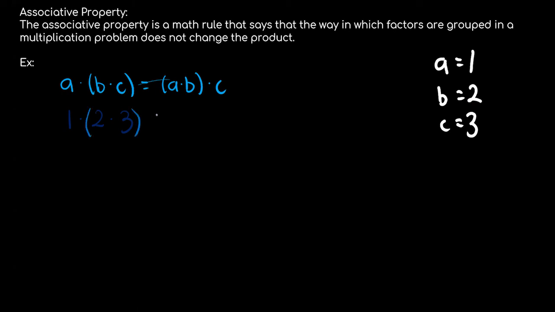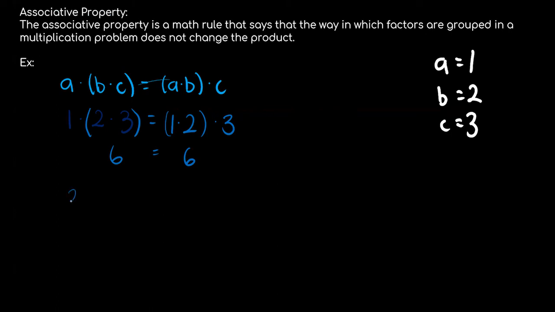Let's have the parentheses on. And the A times B is 1 times 2. So parentheses times C, which is 3. 2 times 3 is 6, and 6 times 1 is just 6. 1 times 2 is 2, and 2 times 3 is 6. That is how the associative property works.